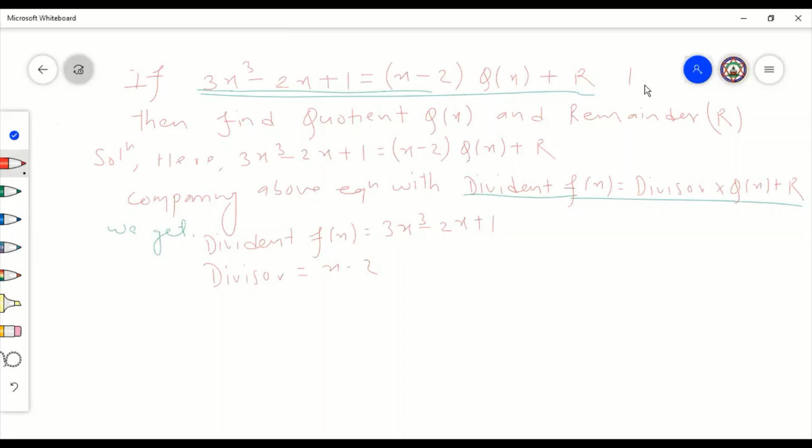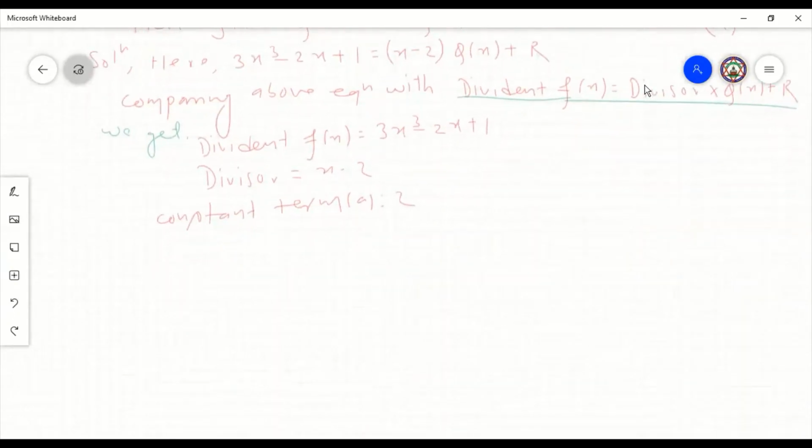So in this part, from the divisor we get a constant term. Now the constant term, we can say a equals 2. So now we use synthetic division over here.